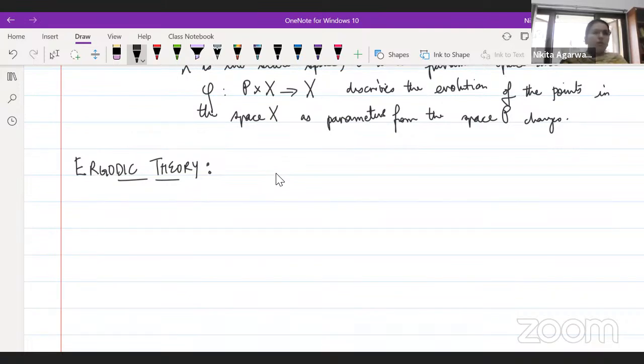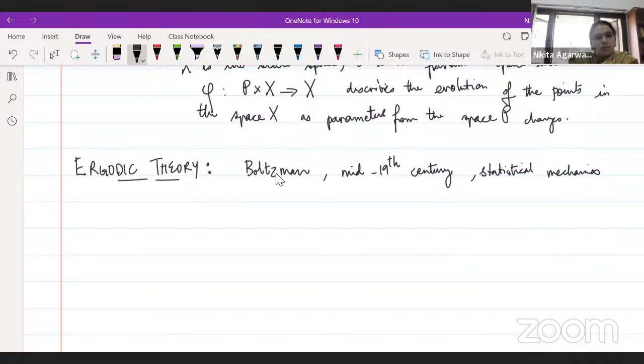As is the feature that we have been talking about so far, which is to understand long-term behavior of orbits in a space, you want to ask the same question as to what happens to the long-term behavior of solutions. So this area started in the mid-19th century by Boltzmann, during his work in statistical mechanics.